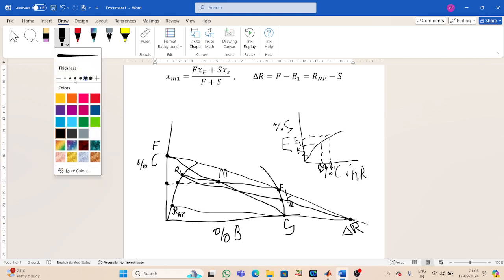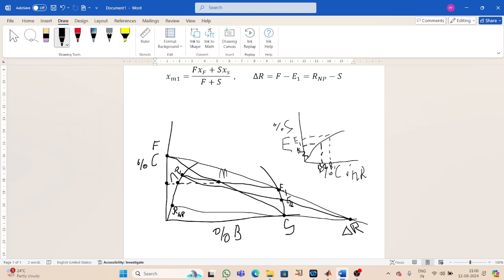This is R2. This is another operating line, R2 and E2. Yes, this we get through the equilibrium curve.